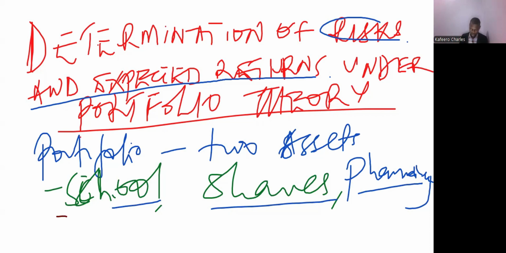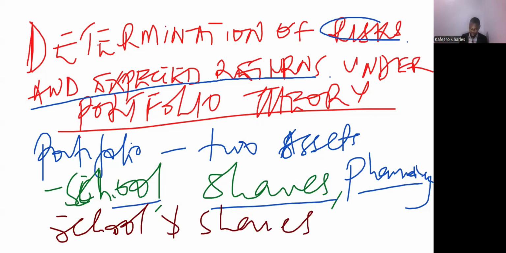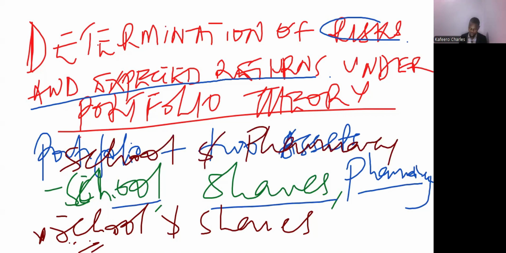You can choose to go by maybe a school and shares. The other, you can decide to take a school and a pharmacy. Or you can go by taking shares and the pharmacy. So those are the different portfolios that we can have.